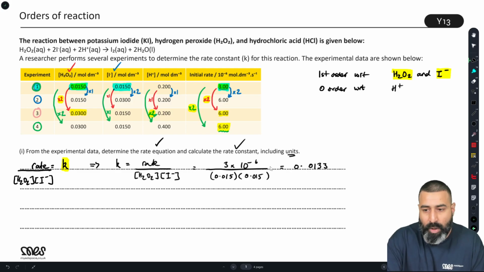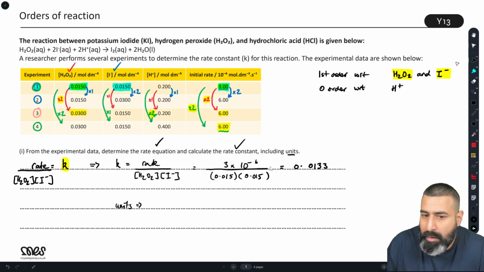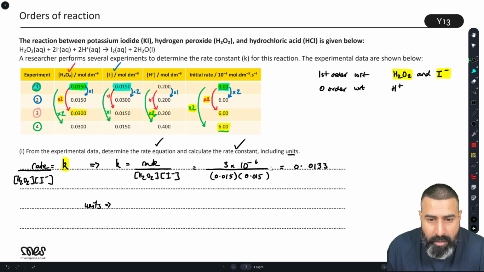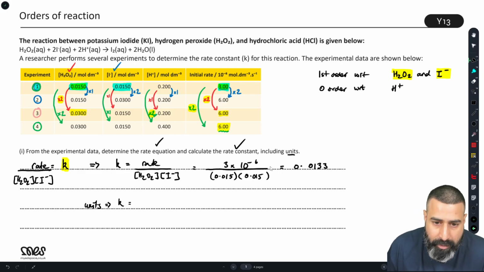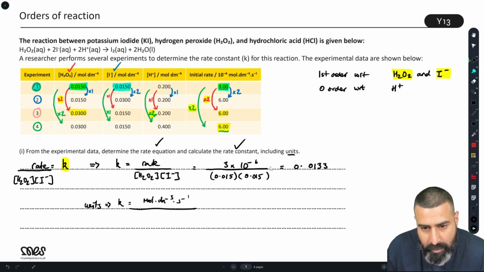So let's have a look at what our units are. So determine the units. Remember, the units of K vary depending on the overall order, right? So the rate always has units of moles per decimeter cubed per second, and concentration has units of moles per decimeter cubed.